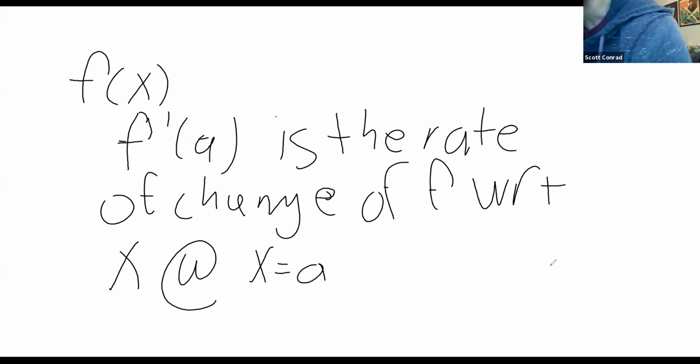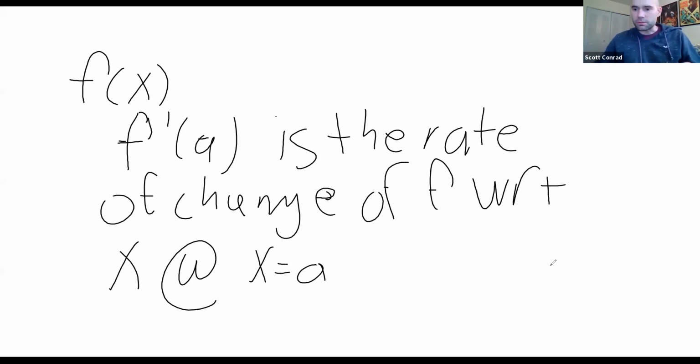So in other words, if we're at x equals a and we change our x value by just a little bit, how is the function changing as we change x by a little bit?